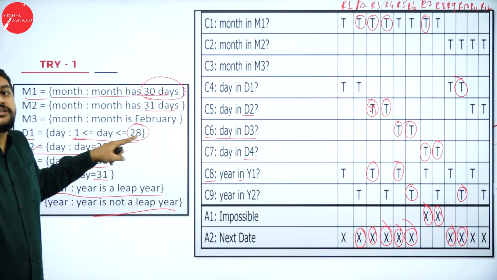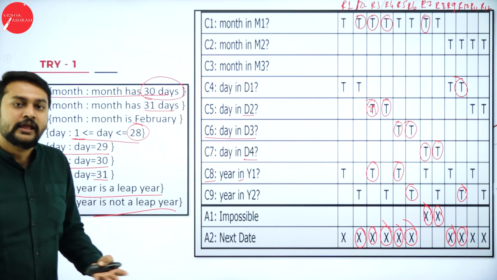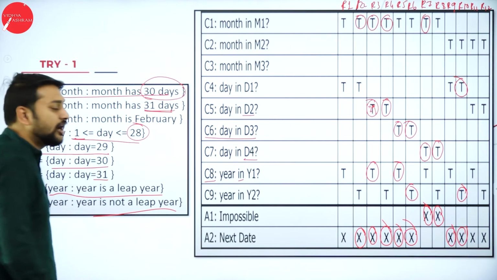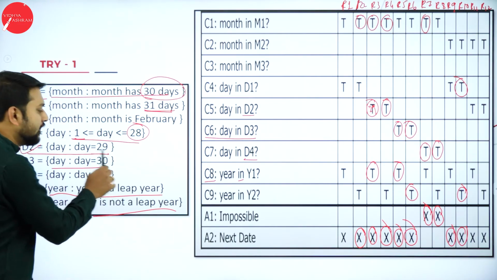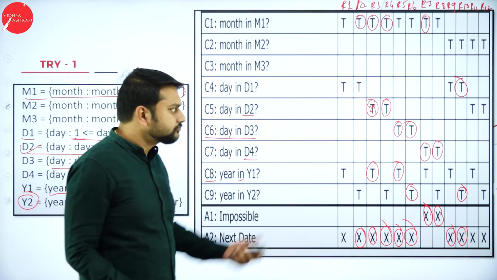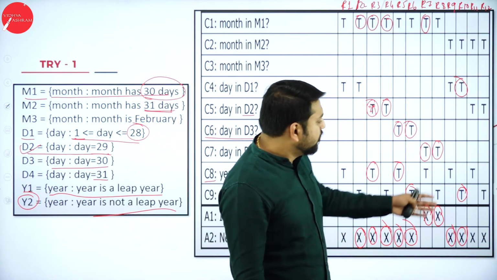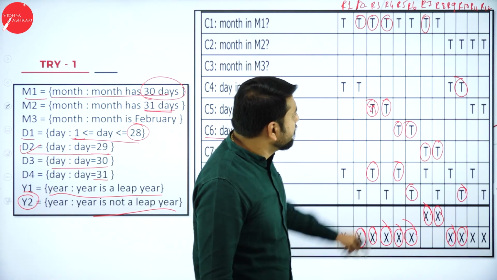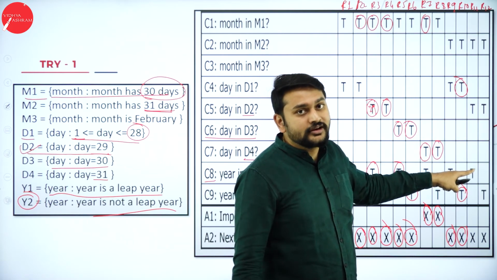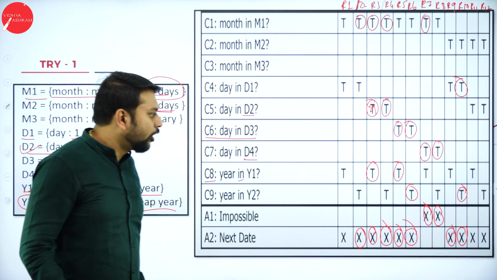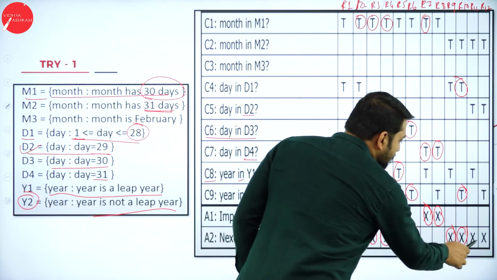Can I have it? Yes, of course you can have it. There is no problem. In a month, you have taken 31 days and the day is 29. Yes, of course you can have it. There is no issue with that. And you have taken in the R11 a leap year. So no problem. You can calculate the next date.